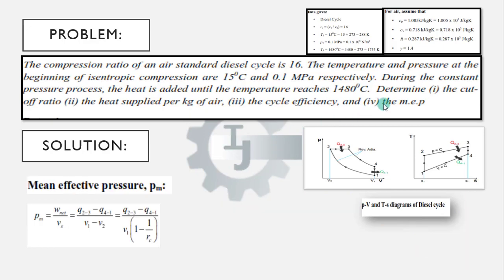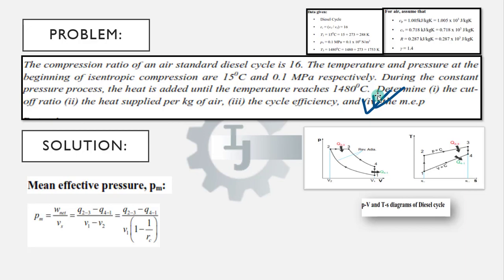Now we have to determine the mean effective pressure. We know mean effective pressure, that is PM equals W net divided by swept volume, that is work done, the difference between heat supplied minus heat rejected, divided by V1 minus V2.